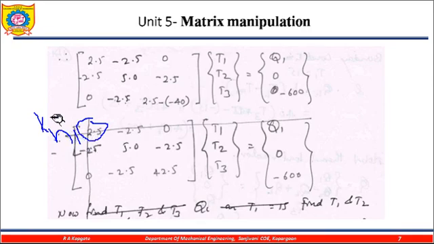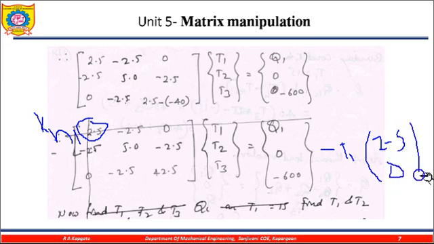This term multiplied by T1 is to be reduced, meaning minus T1, and in the bracket 2.5, 0 is to be here.